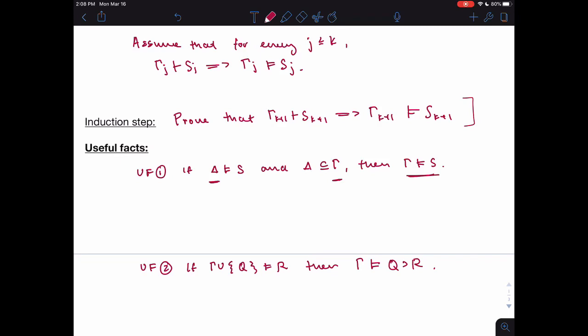The induction step is going to have 11 separate proofs, one for every derivation rule, because we have to show that no matter which of the 11 rules you apply to get to line k plus 1, the soundness theorem still holds. In this video, I'm going to go over the proofs for two of the simpler rules, reiteration and conjunction introduction. In a later video, we'll do some of the more complicated ones that involve subderivations.